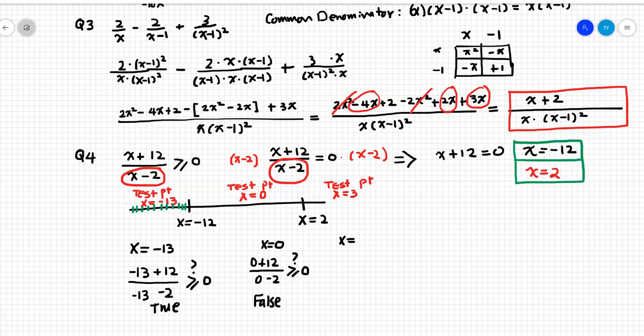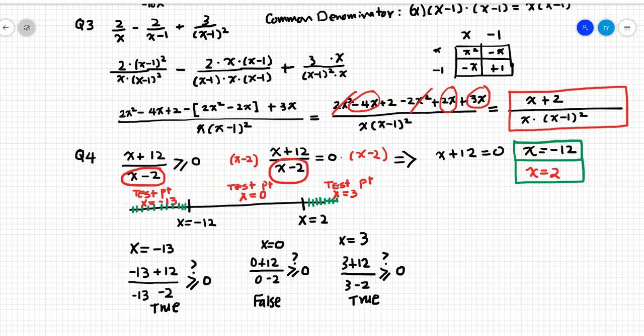Now when x = 3, let's plug that in. You get (3 + 12) / (3 - 2). Is this greater than or equal to 0? You get 15 over 1, which is greater than 0, so that's true. We're going to shade that area as well. Now we need to see if the two interval points are included.